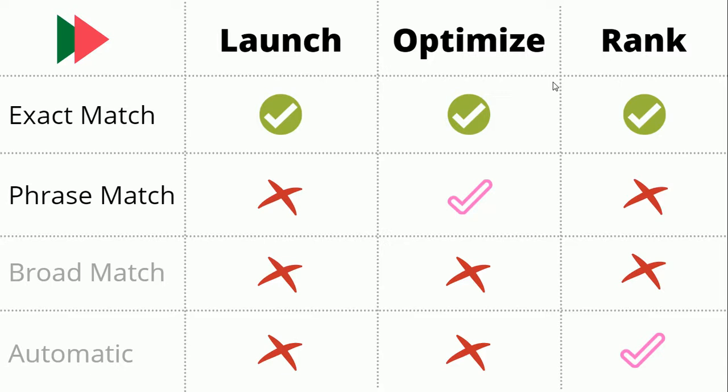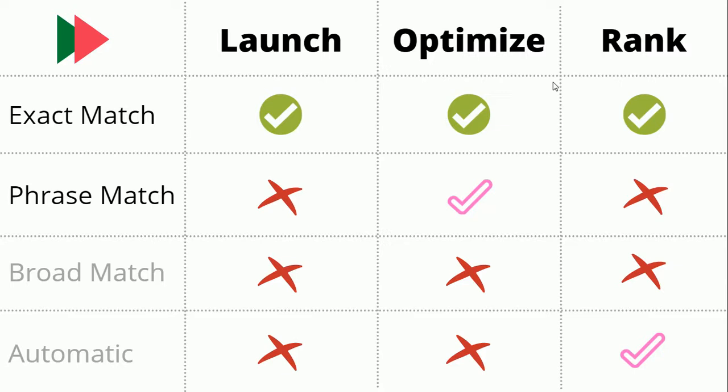Now when I say optimize, you will have to just play around with your bids, making sure that these keywords are getting sufficient amount of impressions, simultaneously making sure that you're not spending too much, or at this stage you also need to monitor your ACOS, right? So that is how you deal with your last scenario.